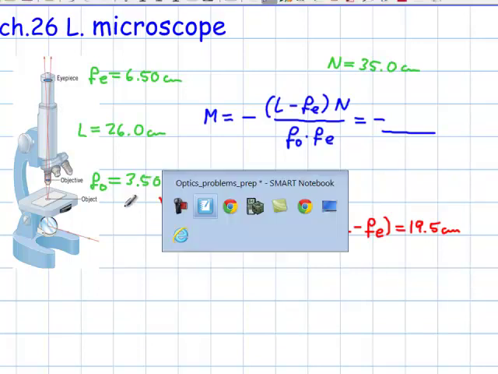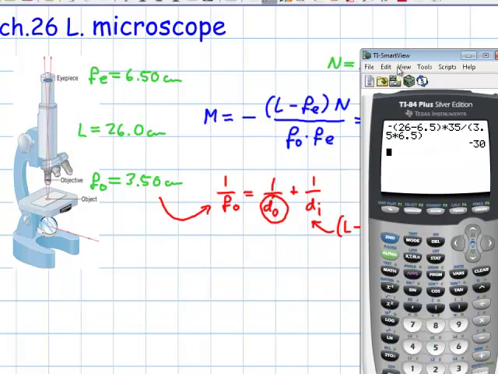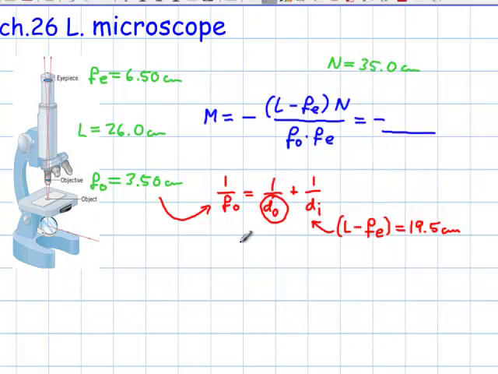And again, plugging it into the calculator is going to give 1 over 3.5 minus 1 over 19.5, and then take the inverse to get the DO, the object distance, and that's going to be 4.27 centimeters. So this distance here is 4.27 centimeters.